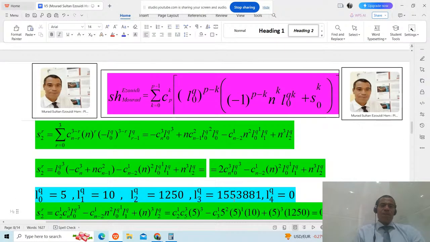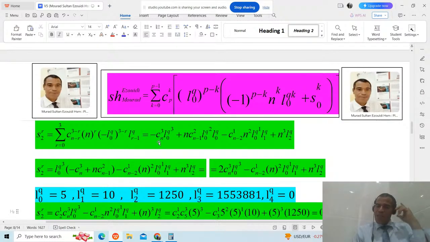Now S2. To find S2, just replace k with 3. This is k, 3 minus 1 is 2. To simplify this, you should replace r with 0, then r with 1, then r with 2, then with 3.